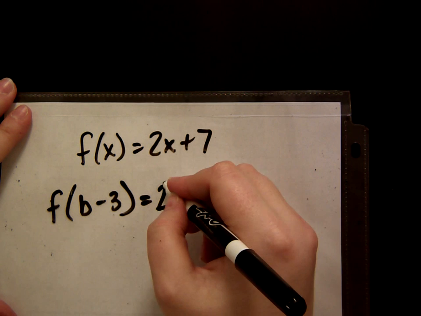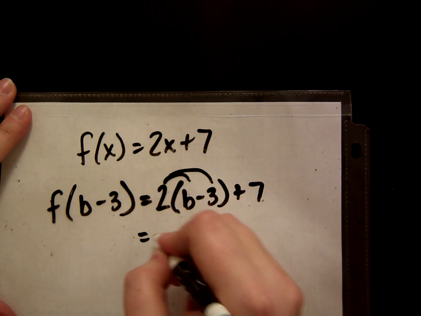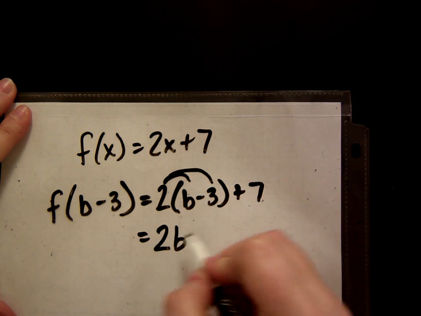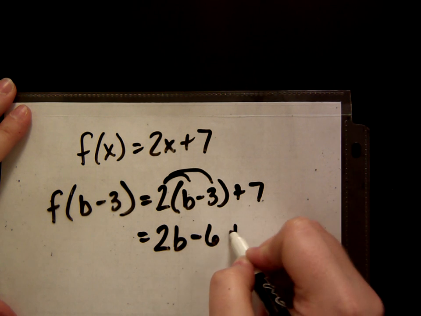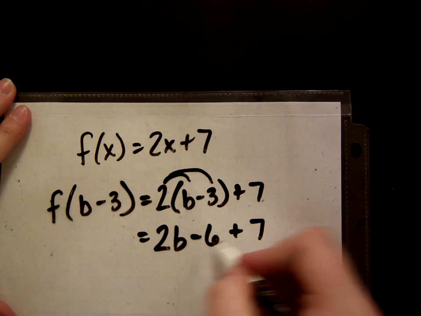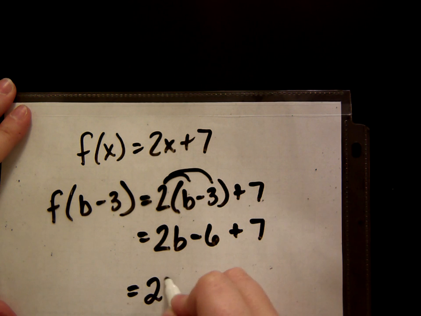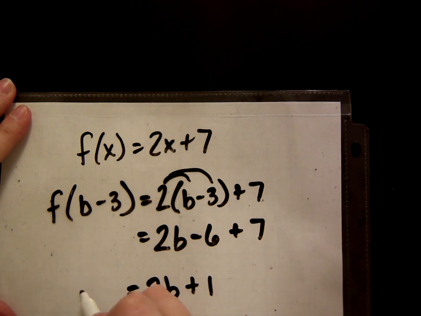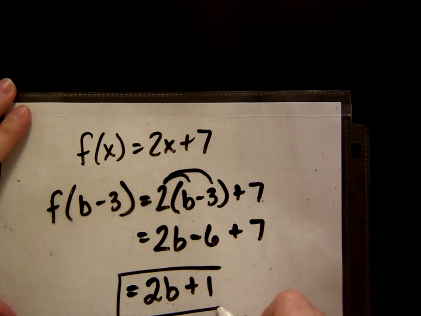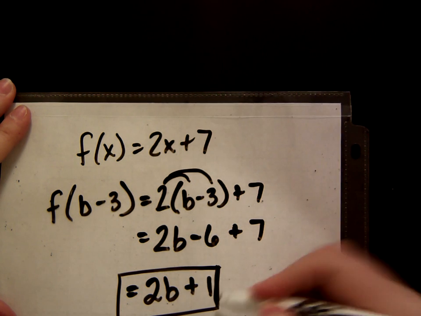I would have to distribute, which gives me 2b minus 6 plus 7. Then combine my like terms to get 2b plus 1. I can't simplify it any further than that because I don't have any more like terms.